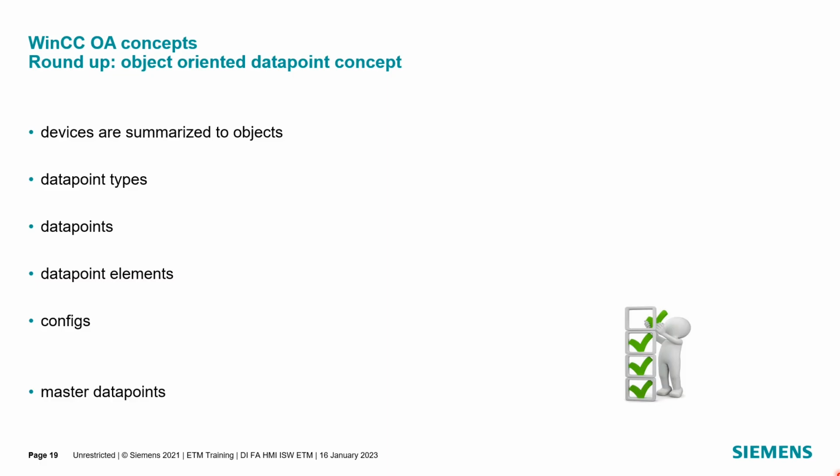And out of that we can create real data points, which will then be linked to our PLC tags. A data point can consist of several data point elements. It's not a must-have. And data point elements can have configs.